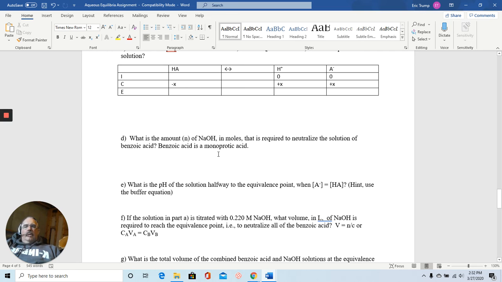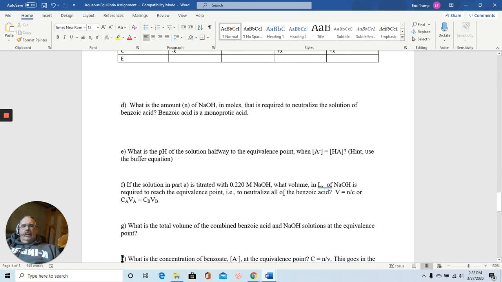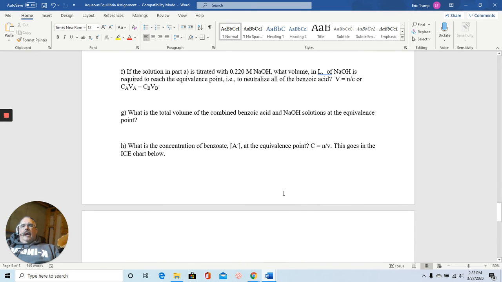We have a 1-to-1 ratio of sodium hydroxide to benzoic acid, and you calculated the moles of benzoic acid at the beginning. What is the pH of the solution halfway to the equivalence point? Again, use the buffer equation. Your A minus is going to equal your HA.